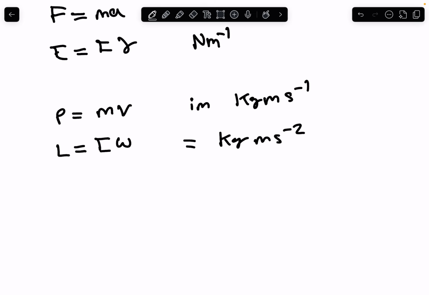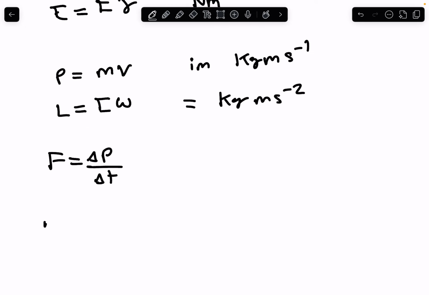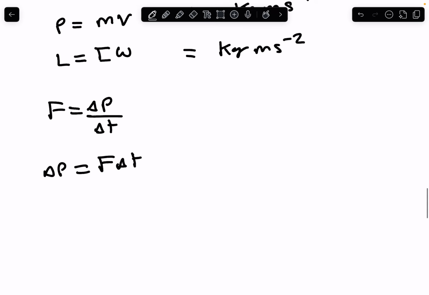Now on to another equation. We also know that force equals the change in momentum, so delta P over change in time. So you could say that the change in momentum, which is referred to as impulse, equals F delta T. So let's replace what we know in the rotational world. Delta P is delta L, F is torque, and delta T stays the same.